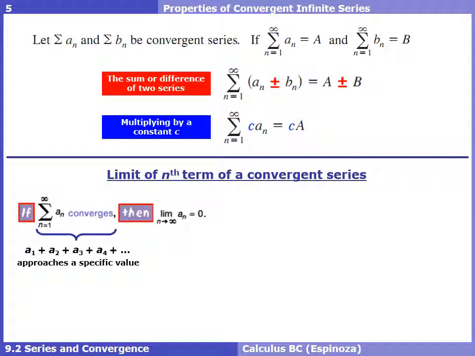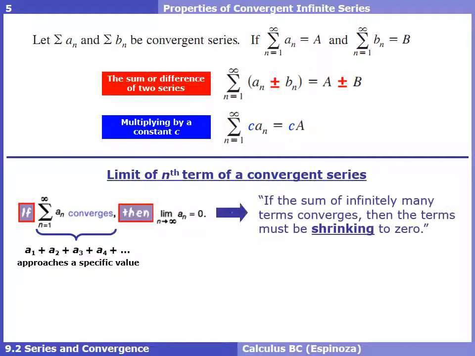And because of that, if we take the limit of that infinite series, that will be equal to 0. So the order of, again, this matters. If this infinite series converges, we know that the limit of that series is equal to 0. Or in other words, if the sum of this infinitely many terms is converging, then we know the terms must be shrinking down to 0, which means when we take its limit, it would be equal to 0.